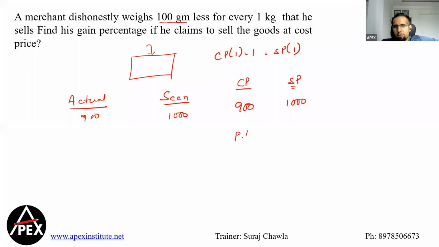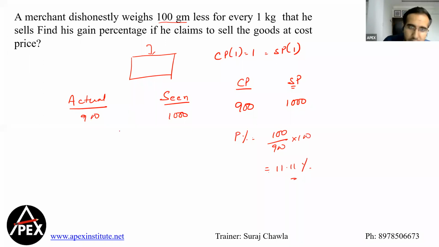So what is my profit percentage? That is 100 by 900 into 100, that is 11.11 percent. So all of you have been correct. The answer is 11.11.